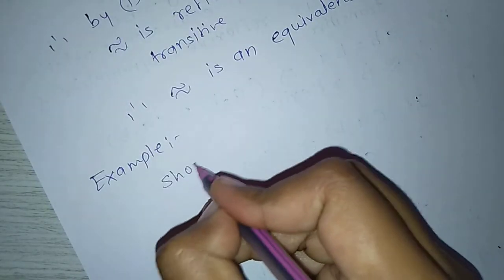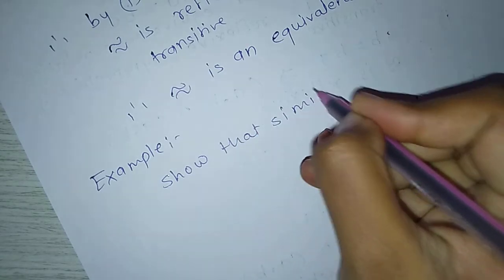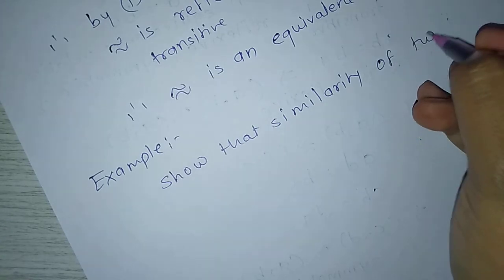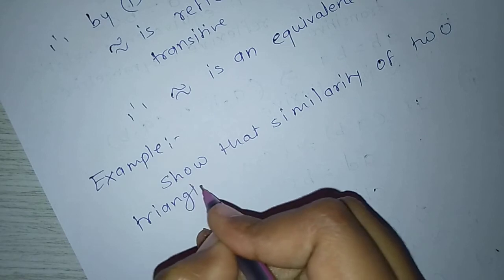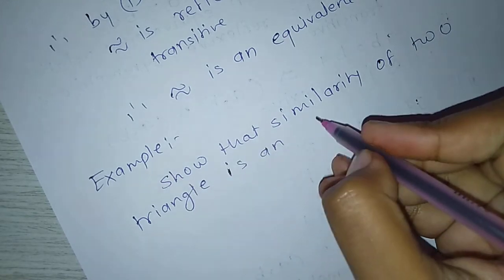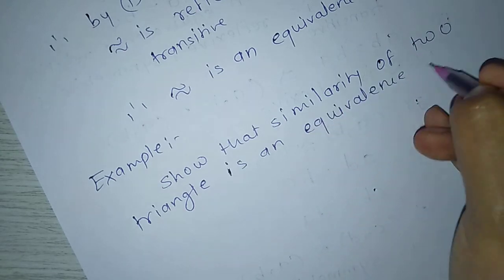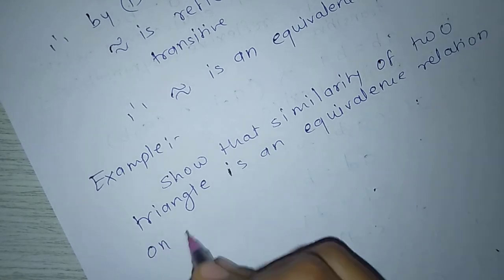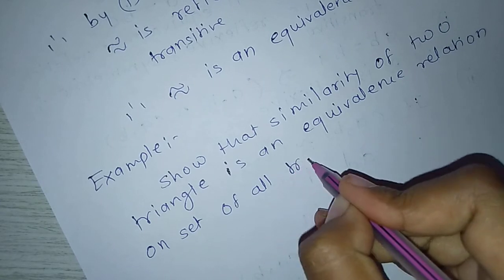Show that similarity of two triangles is an equivalence relation on the set of all triangles.